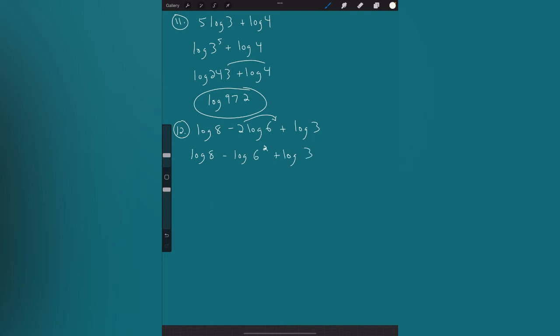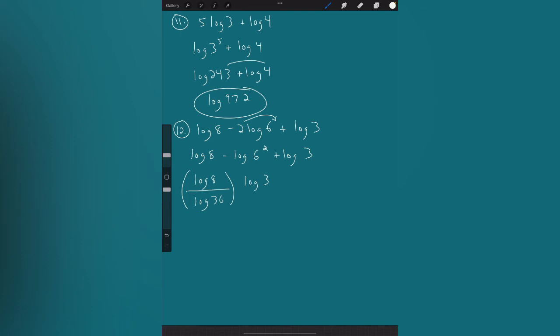Subtraction right here means I have to divide it. So log 8 divided by log 6 to the 2nd power, which is 36. By adding log 3, really that's the same as multiplying, so I'll go ahead and multiply it by log 3.